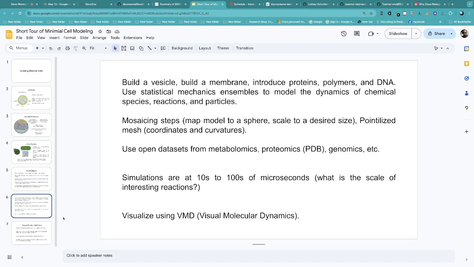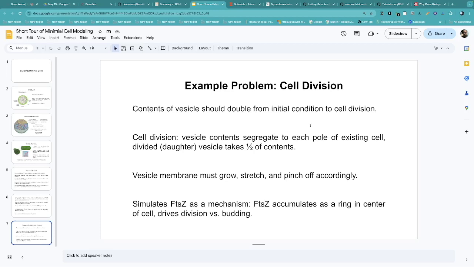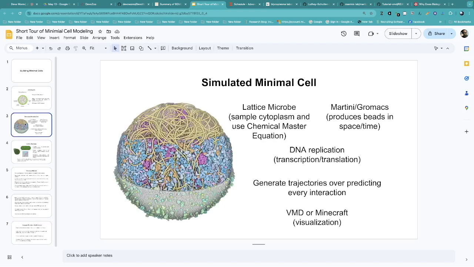And then this gets visualized into this kind of a model. One example problem they gave was cell division. In their models here, these are static models in the sense that they're just this model of a cell with stuff in it. But you can actually have models where the cell divides. The outer membrane needs to stretch out, elongate, and then all this stuff needs to double in number. All the DNA, all the protein, the components need to double, at least the DNA needs to double.